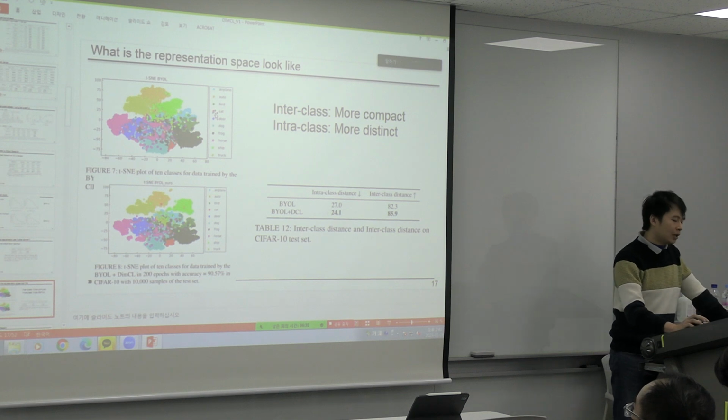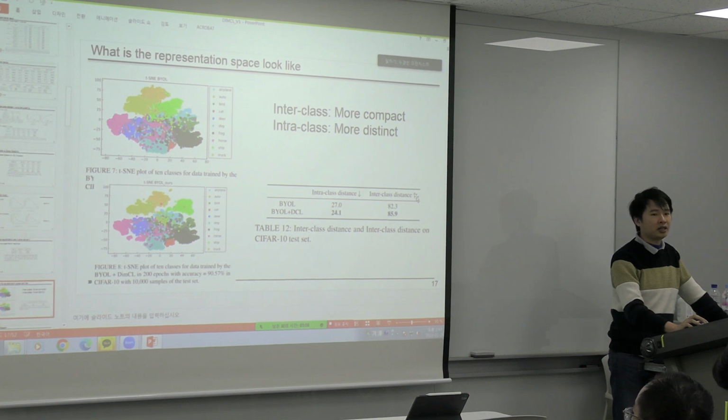Furthermore, one trick here is that usually the representation space is not very informative or distinctive. So we can use intra-class distance or inter-class distance to quantitatively represent our feature space. That is more convincing to reviewers.